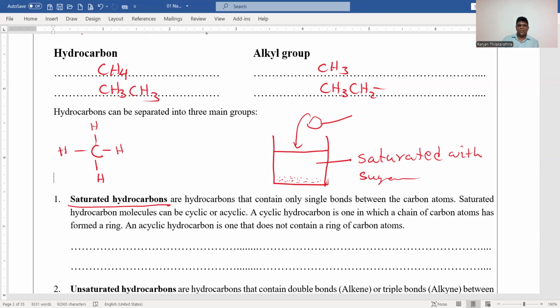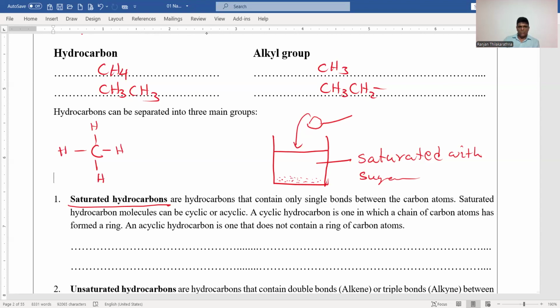So we call this organic compound saturated with hydrogen. Such compounds are known as saturated hydrocarbons. That means no more hydrogen can be added.